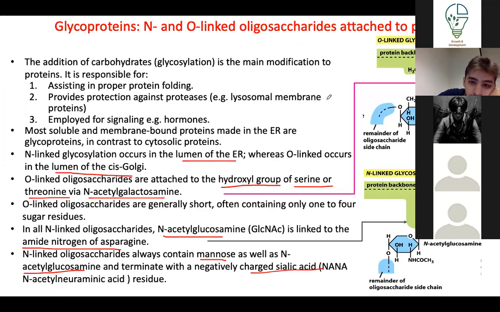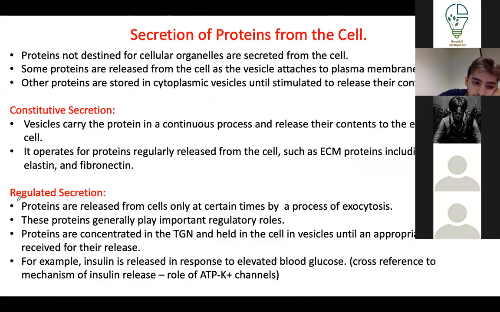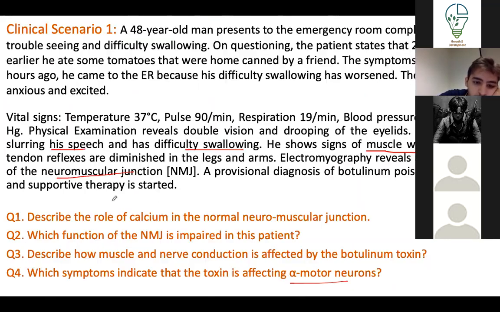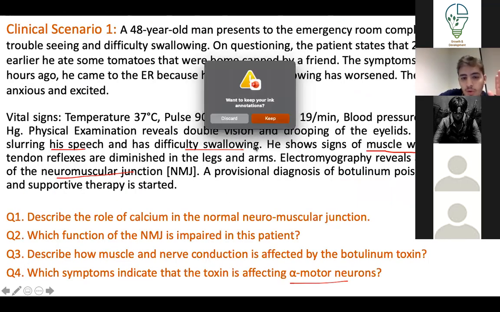You should know the three things that I talked about: location, amino acids involved, and the saccharide that's involved, along with this tiny bit of information. And here you should know that synaptotagmin binds to calcium, and it's part of regulated secretion. What else? That's it. That's all the questions they can ask.